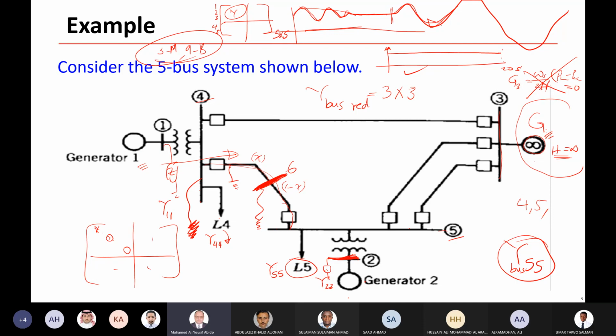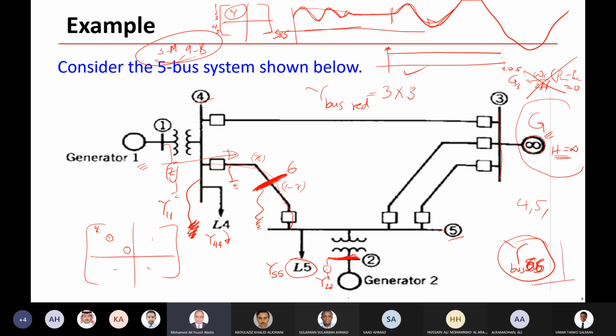The bottom line is that if the fault doesn't occur at a bus which exists in the system, you have to create a fictitious bus at the fault location. And the procedure will be the same. Instead of having 5 buses, we now have a 6 bus system, and the fault occurs at bus number 6.